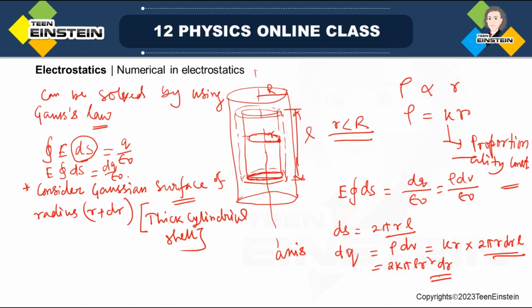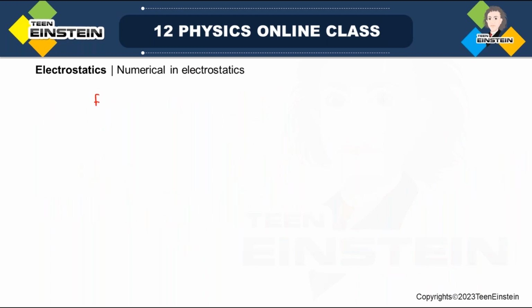So let me write down: E ds is 2 pi r into l, and dq by epsilon 0, to get the total charge q I have to do the integration, with r from 0 to small r.